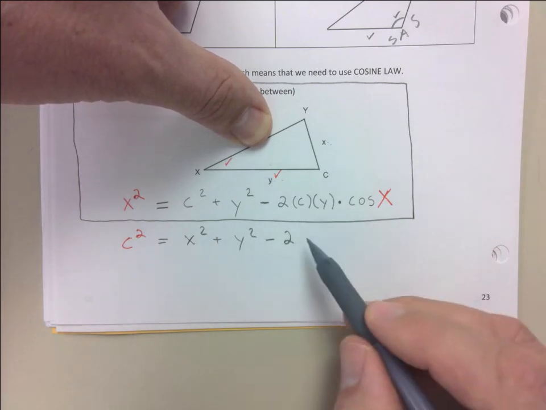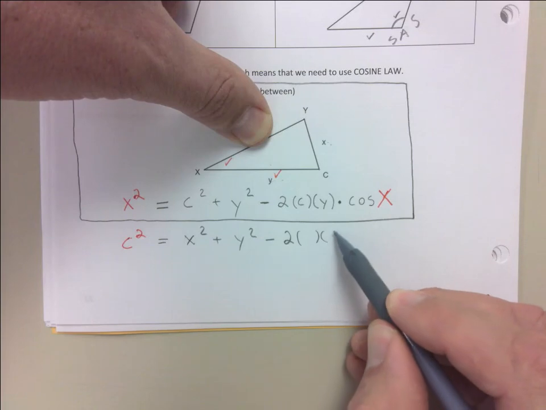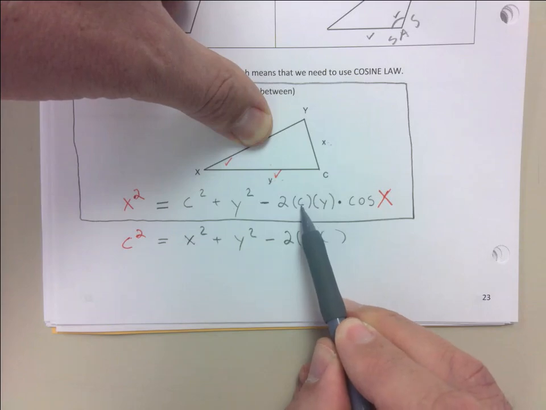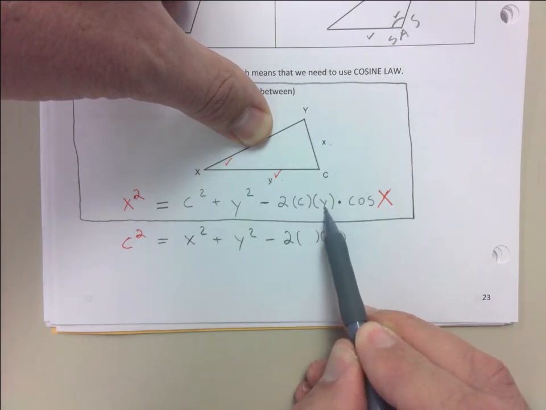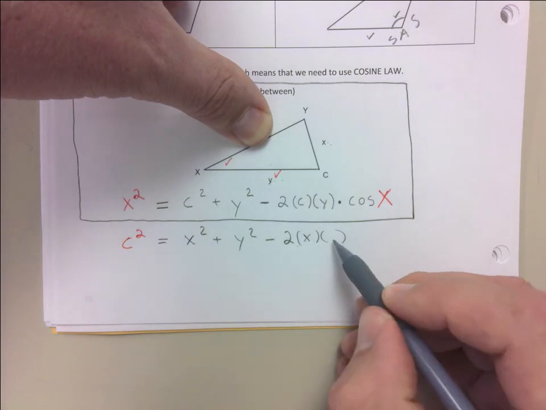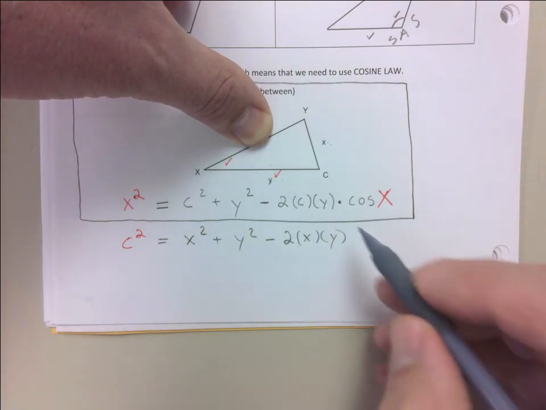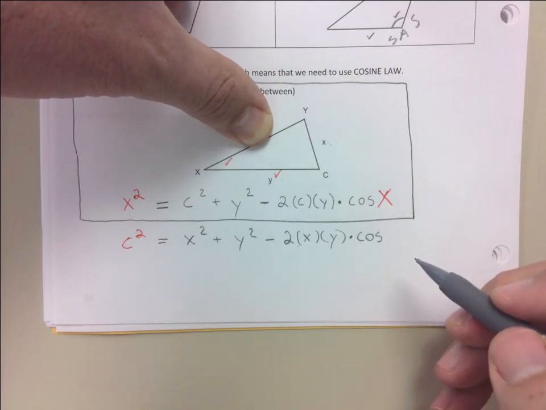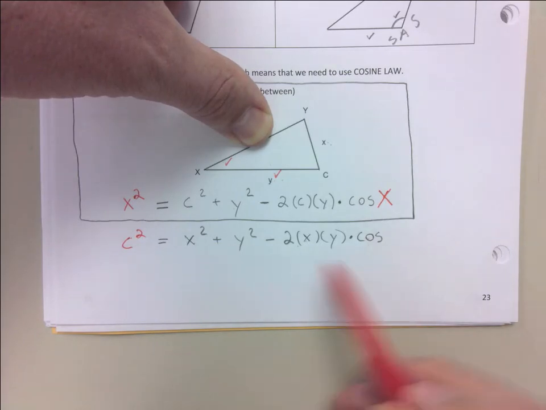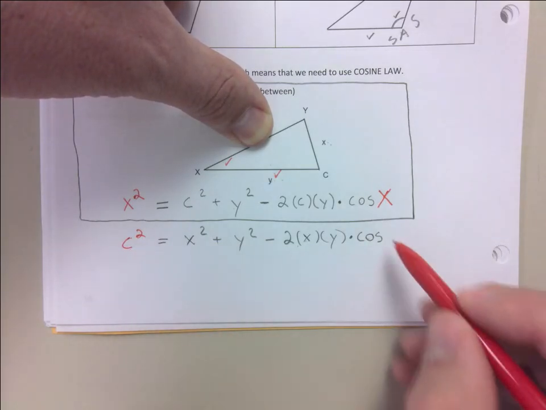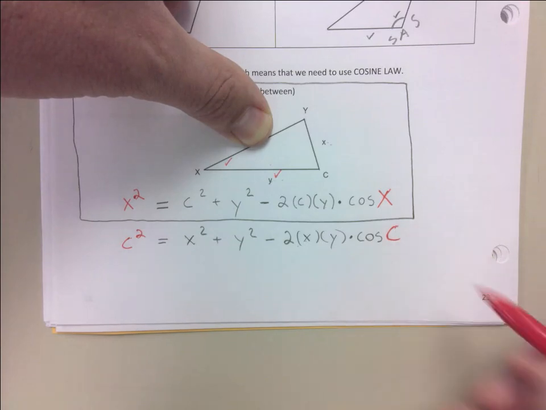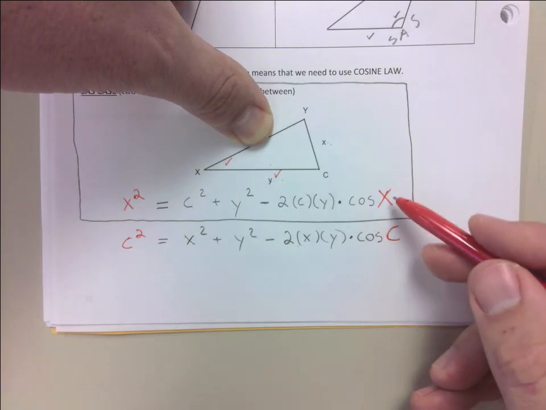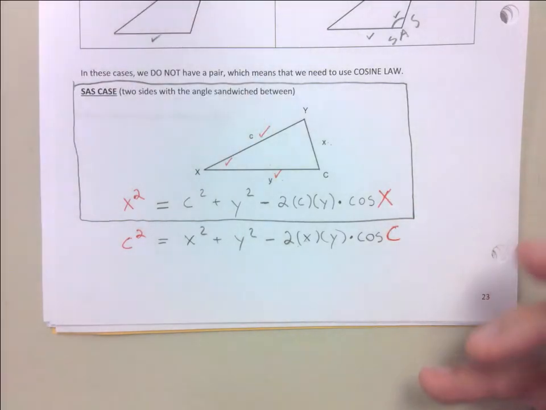If you look at the pattern, what goes in here in these brackets? Earlier we had c squared, y squared, and we put c and y in here, right? So this will be x and y multiplied times cosine of, what angle are we solving for? So this will be capital C. Yeah, these are capitals, because capitals are used for angles.